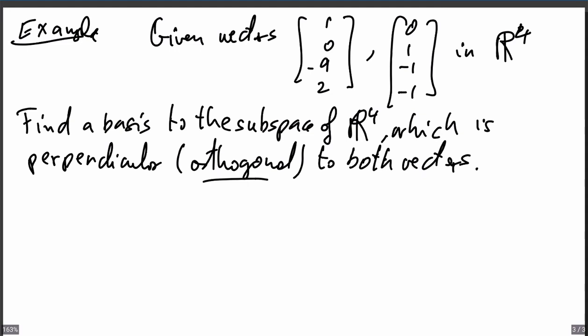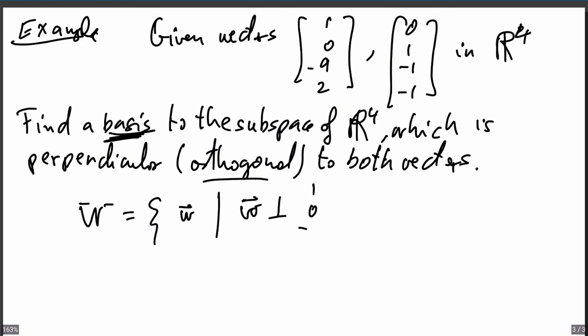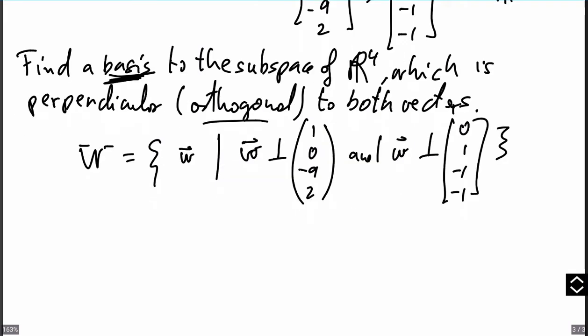So we are looking for a basis for the subspace W. So this is supposed to be a set of vectors W such that W is perpendicular to (1, 0, -9, 2), and also W is perpendicular to (0, 1, -1, -1). So we now use the definition of orthogonality.